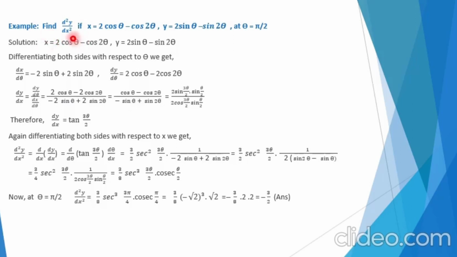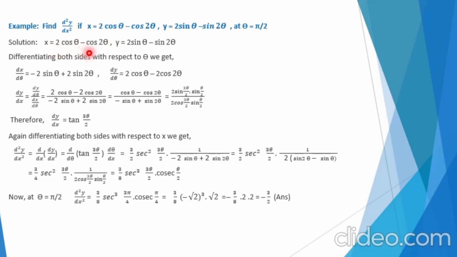Here find d2y dx2 where x and y are in parametric form. That means x and y are expressed as functions of a parameter, that is theta. And we will find d2y dx2 at theta equal to pi by 2.